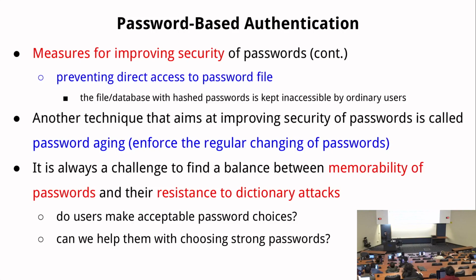Also, we ask people to update their passwords, which is called password aging. Some organizations will ask people to update their password every 3 months. But this is not always ideal, because when you are asked to update a password, what do you do? You change your old password a little bit, right? Because you want this process to be fast and easy for you to remember. You just change it a little bit.